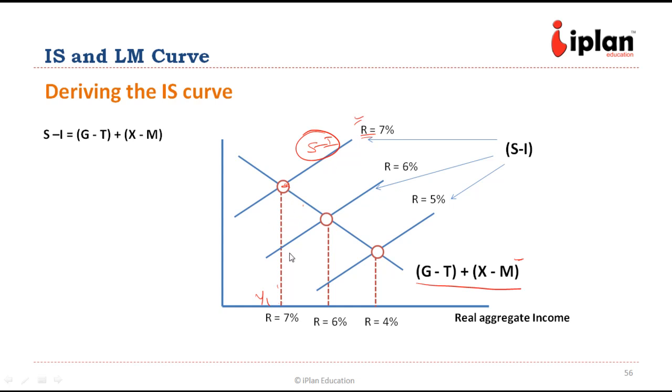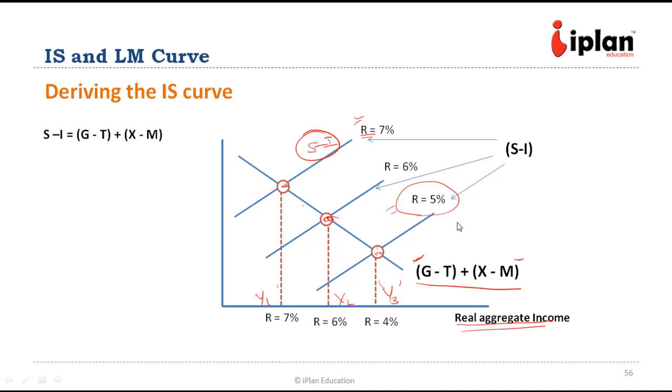If we reduce the interest rate to 6%, we have another income y2 which is higher. So S minus I and G minus T plus X minus M are cutting at this other point, and similarly they will cut at a third point where the income is y3 for a lower interest rate. So we can clearly see that if we reduce the interest rate in the market, the real aggregate income increases. For lower rates, higher income.